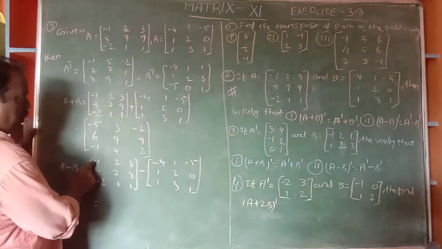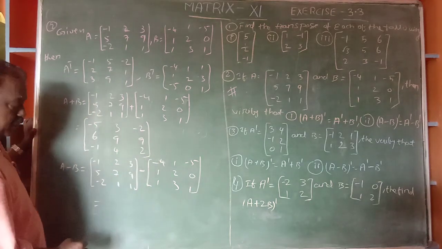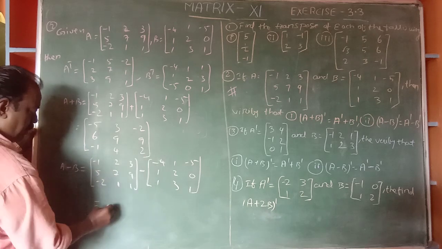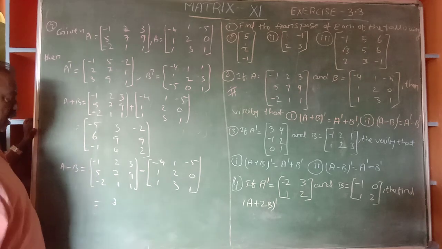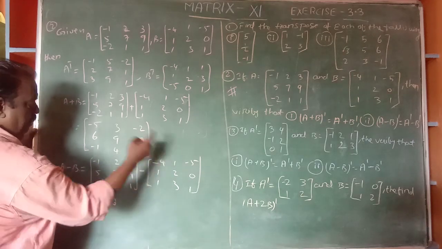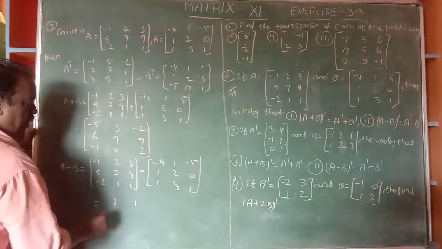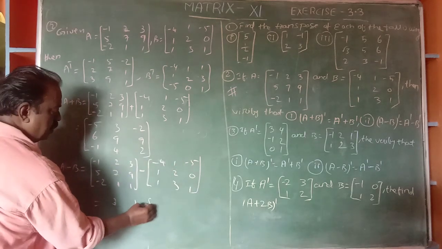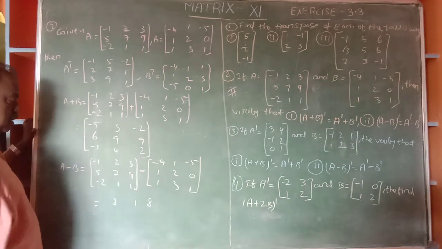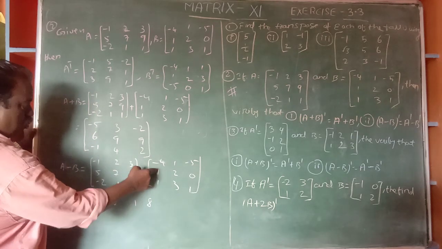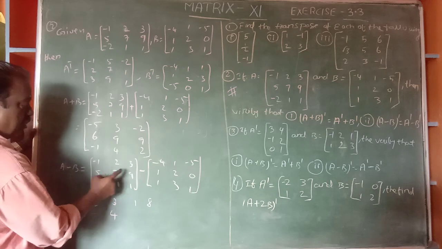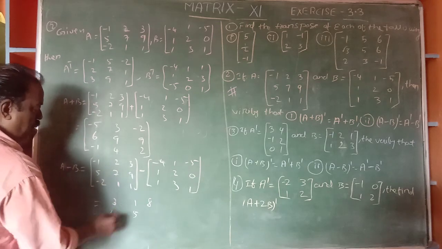It is minus 1 plus 4 is 3. 2 minus 1 is 1. 3 minus minus 5, 3 plus 5 is 8. 5 minus 1 is 4. 7 minus 2 is 5.